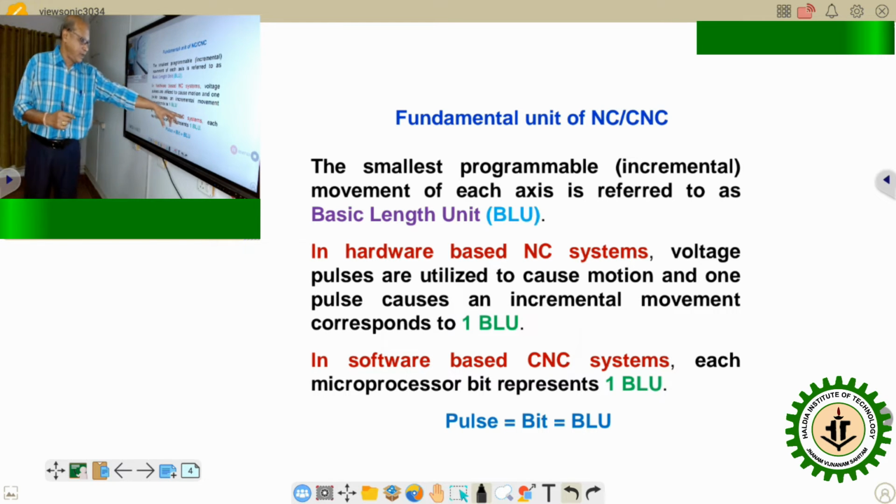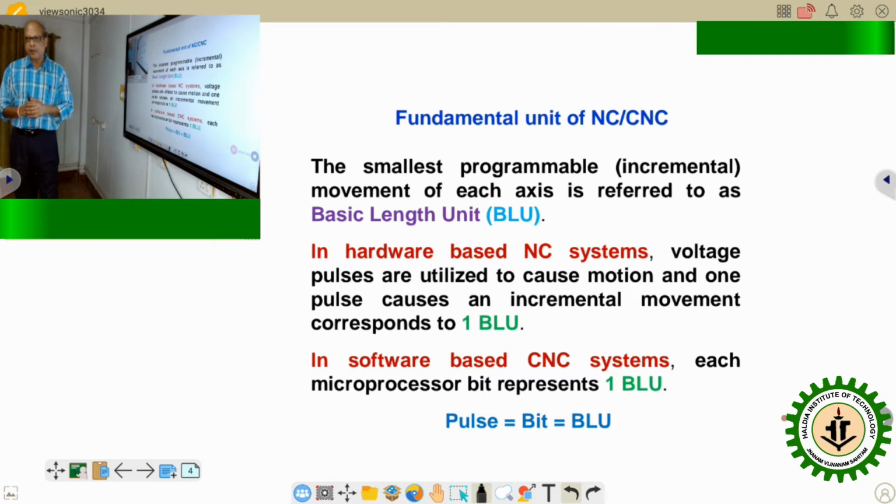In a software based CNC system, each microprocessor bit represents one BLU. In case of CNC, most of the hardware is replaced by the software, and here the microprocessor is in control. In a computer, information is stored in the form of binary digits, which is exactly what is called a bit.